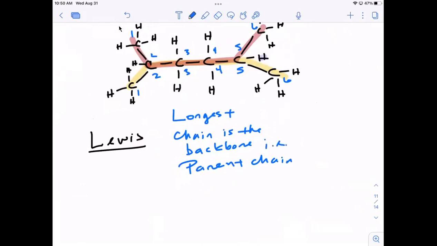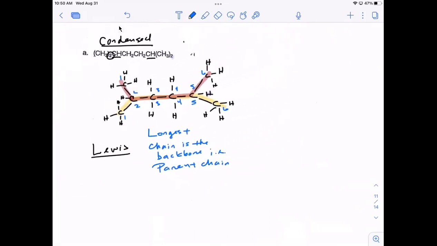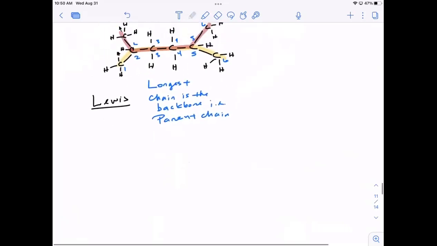All right, give me one more minute. If you notice, on the Lewis form, everything is drawn out. In the skeletal form, it's the exact opposite. I need to know what the longest chain is before I can draw the skeletal form. There are 6 carbons, so I'm going to draw it like this.